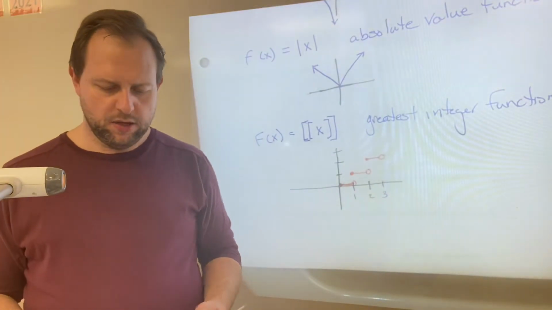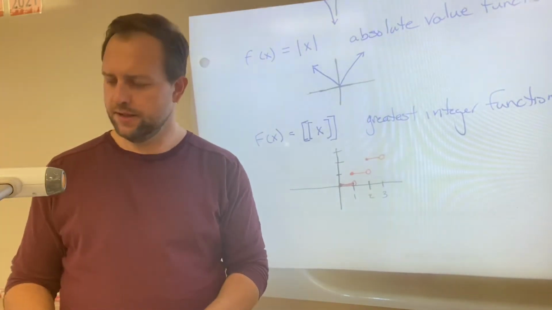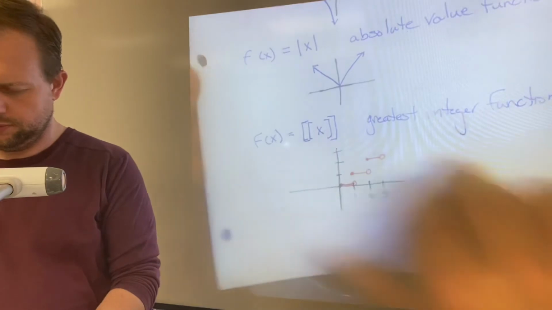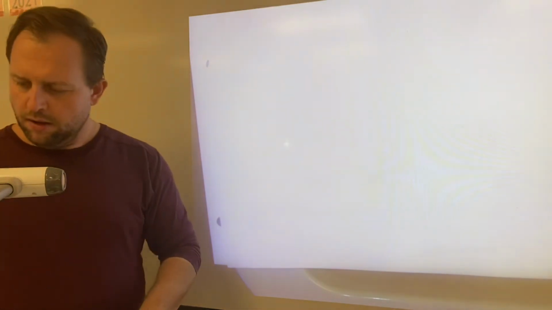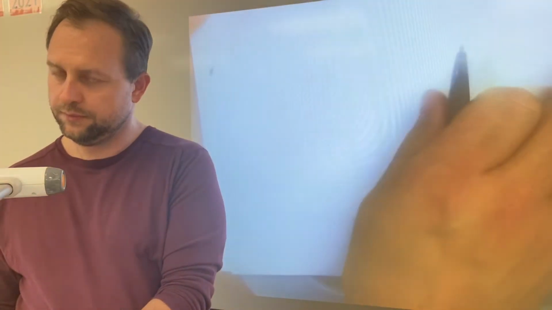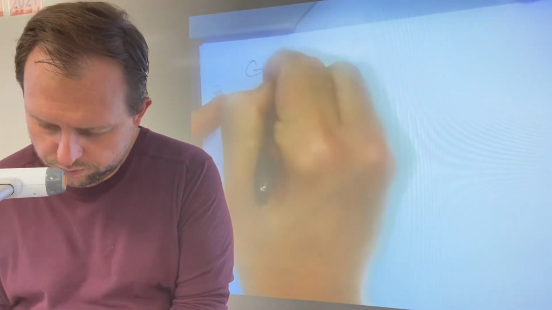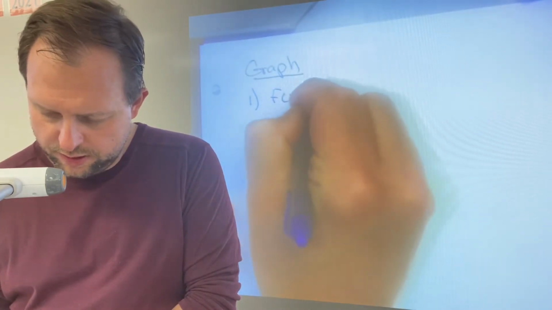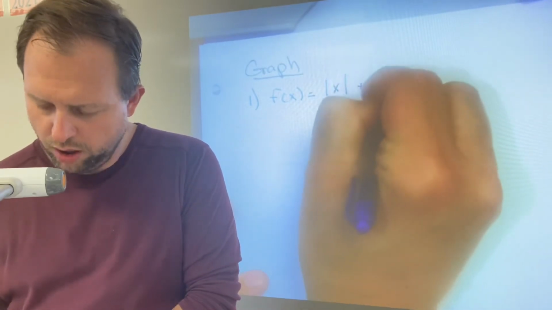So within these, we can do some transformations. So let's look at just a few of them. Number 1, f of x is equal to the absolute value of x plus 4.